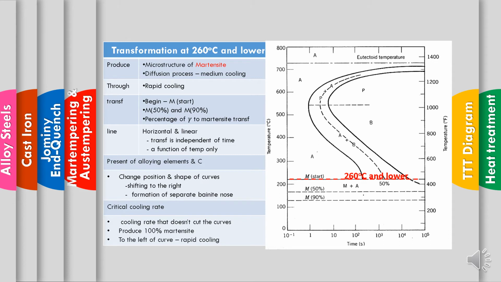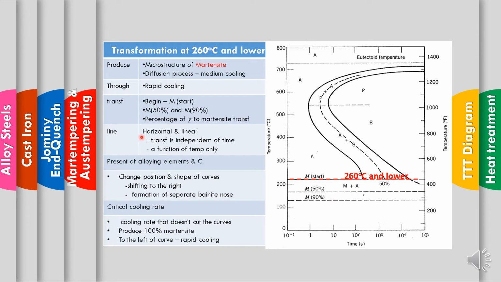The transformation begins at the martensite start here. Then in the middle we have 50%, and then this line is 90% martensite, whereby the austenite transforms to martensite.